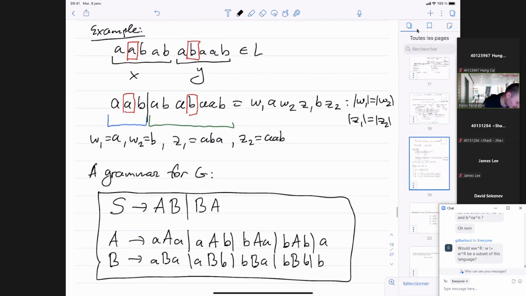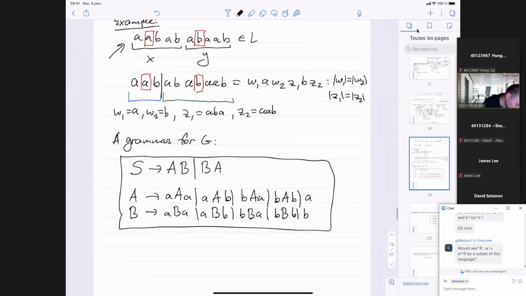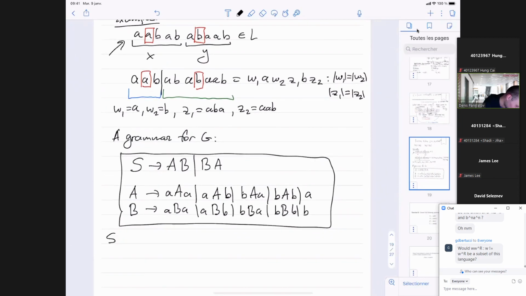In particular, if you want to generate this string, for example, let's see how this string is generated by this grammar. So I know that I want to generate a character A, which is going to be different from a character B at the same position, which means I need to use this rule, A followed by B. So I generate AB first as a sentential form, and then I want to generate this blue substring.